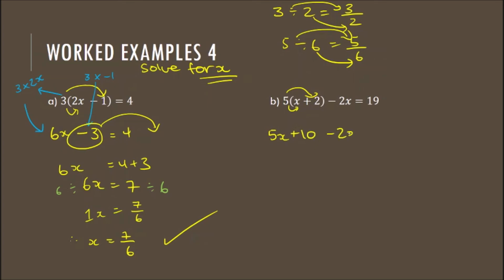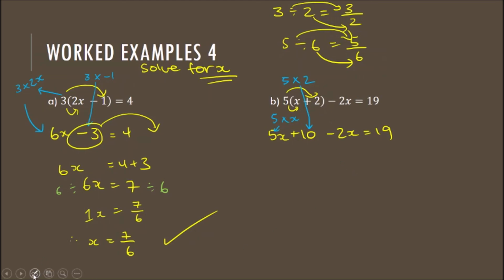I'm just going to rewrite that in blue again, just so you can see. So this one's 5 times 2, and this one's 5 times x. I'm just showing you how I worked it out.